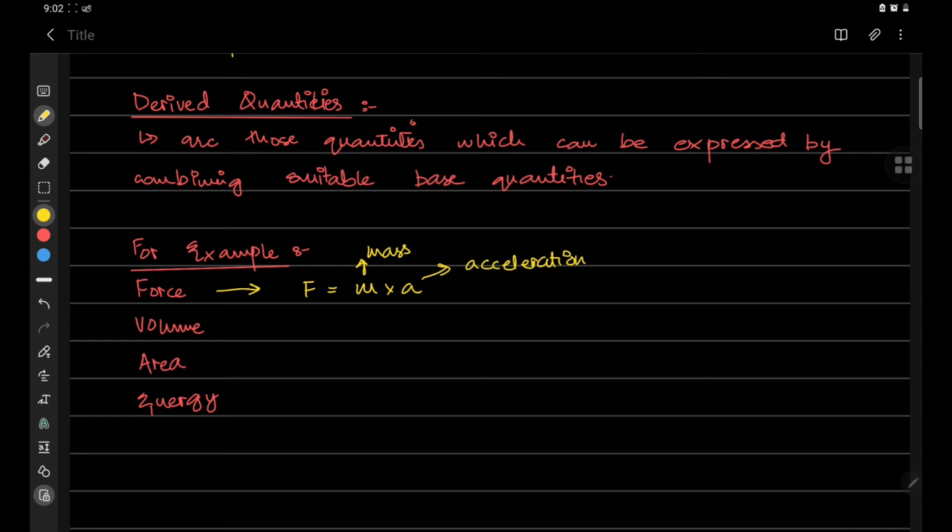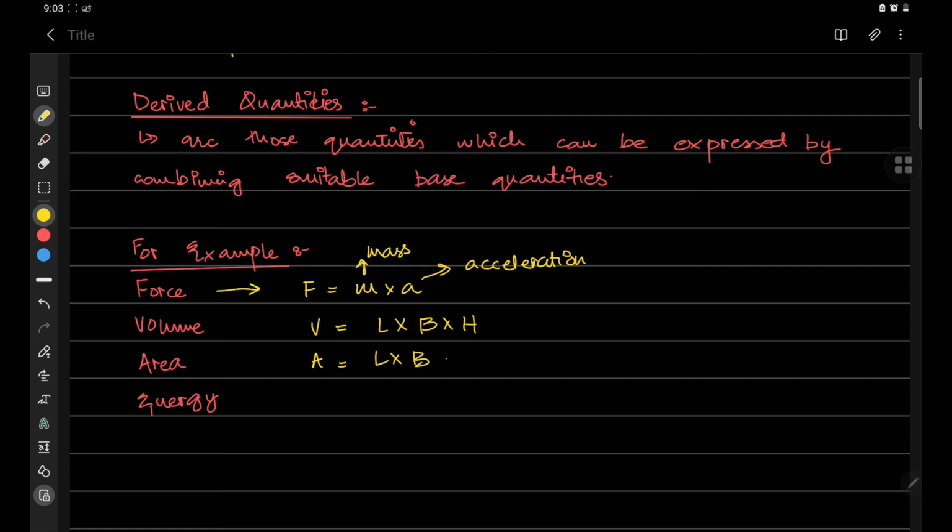So force is a combination of mass and acceleration. Similarly, volume depends on what shape we're implying it to, but the basic would be length into breadth into height for a cuboid, or length into length into length for a cube. For area, depending on the shape, if it's a rectangle, we'd say length into breadth.